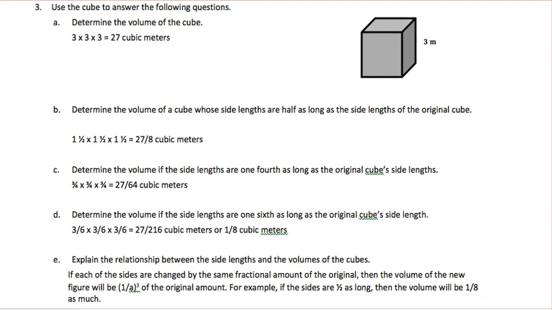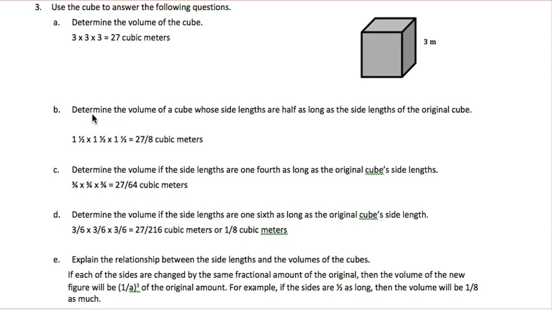So when we explain the relationship between the side lengths and the volumes of the cubes, we can say that if each of the sides are changed by the same fractional amount of the original, then the volume of the new figure will be 1 over a to the 3rd power, where a represents whatever the change of those sides for that cube is.